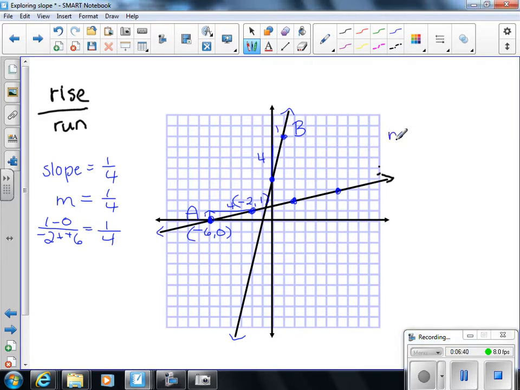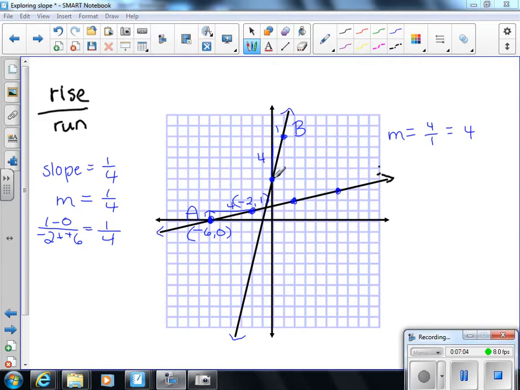The slope of line B, or m, is 4 over 1. Now, we can simplify that to your slope is just a plain old 4. But know that it means the same thing as 4 over 1. So if they ask you what the rise over the run would be, even if they give you 4, it is 4 over 1. Any questions?